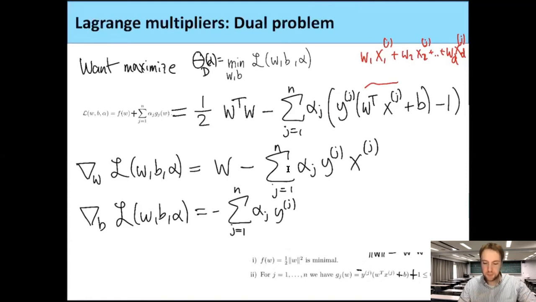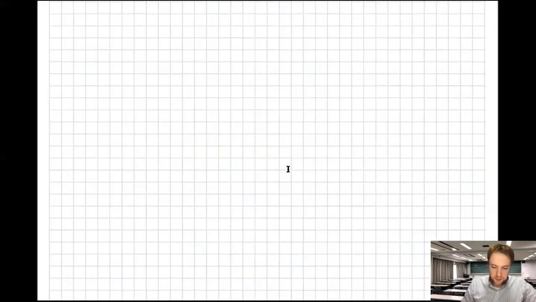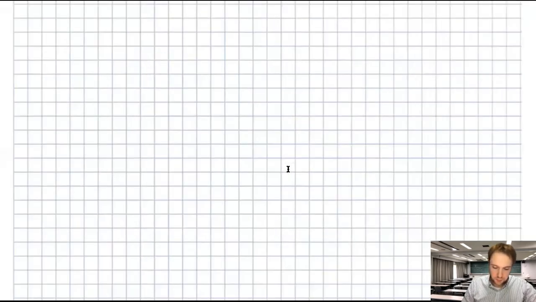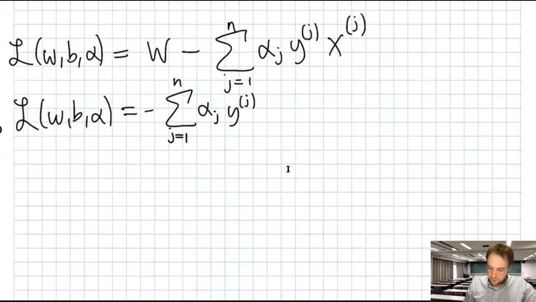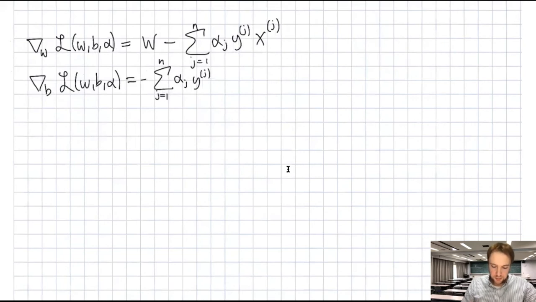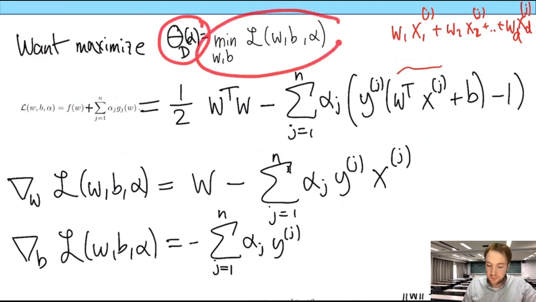Okay. So let me copy this. And recall what we actually want. So we want to calculate this guy here, which is given by the minimum of this Lagrangian.